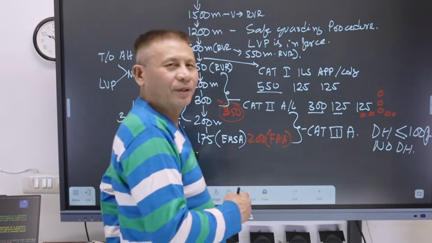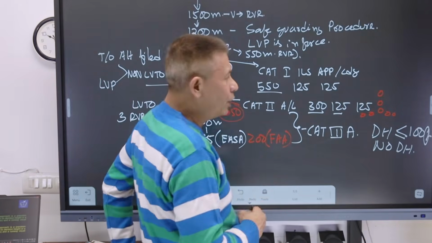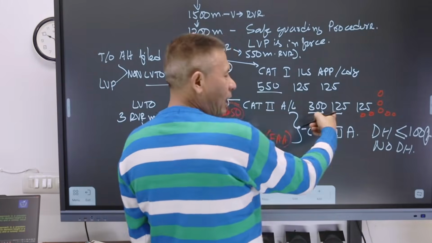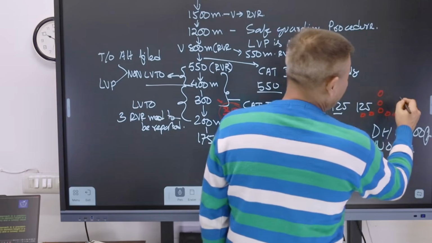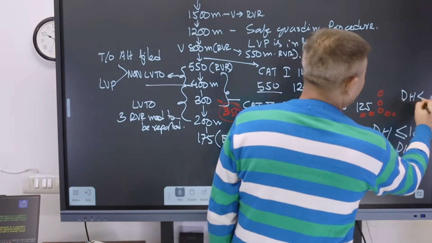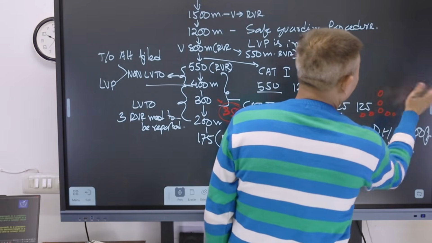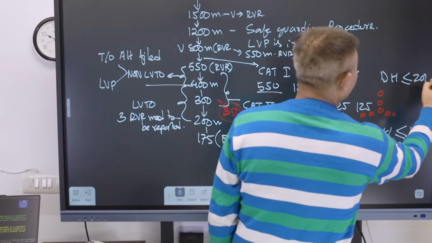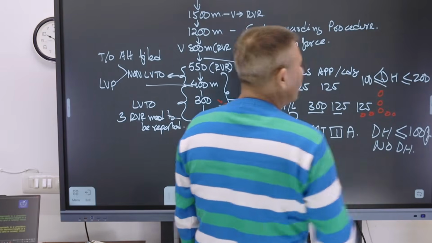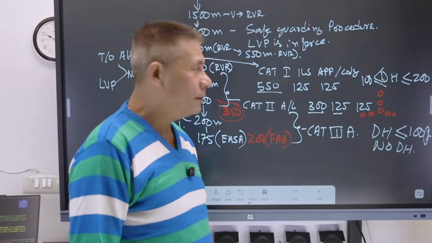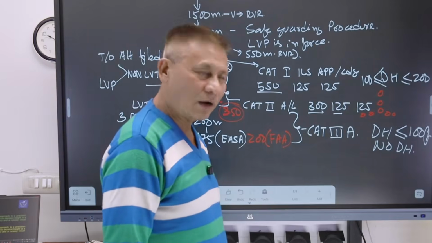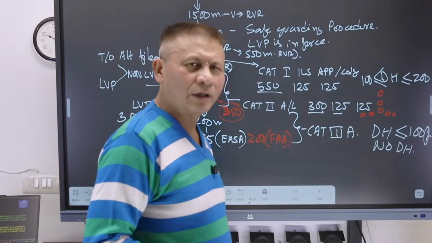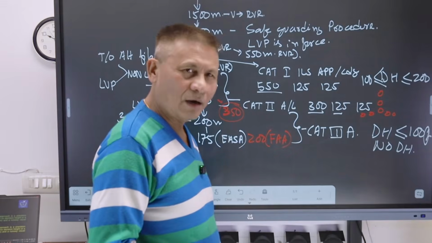But okay, now I think I missed out this one, category 2. Category 2 approaches are those, as I mentioned about the RVR already, but as far as DH is concerned, the DH should be less than 200 feet, but not less than 100 feet. Whereas category 3 alpha is a no DH or a DH of less than 100 feet.